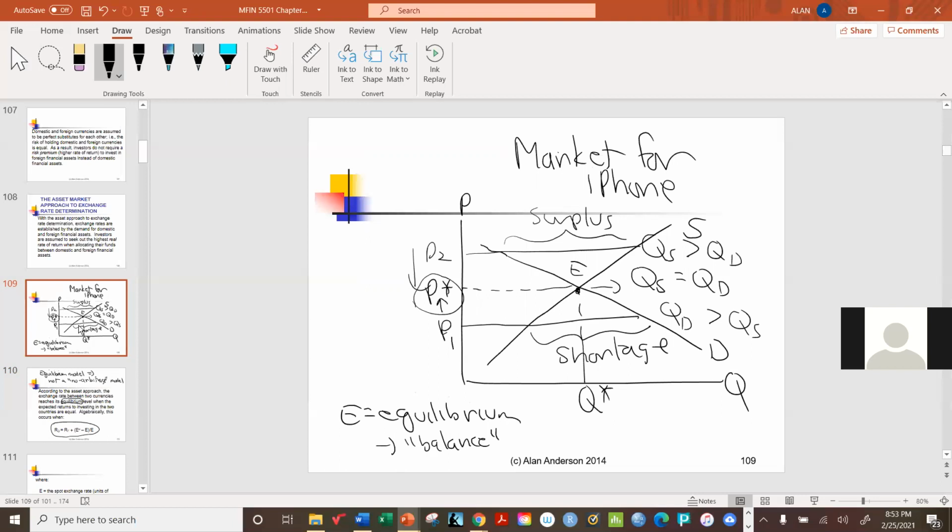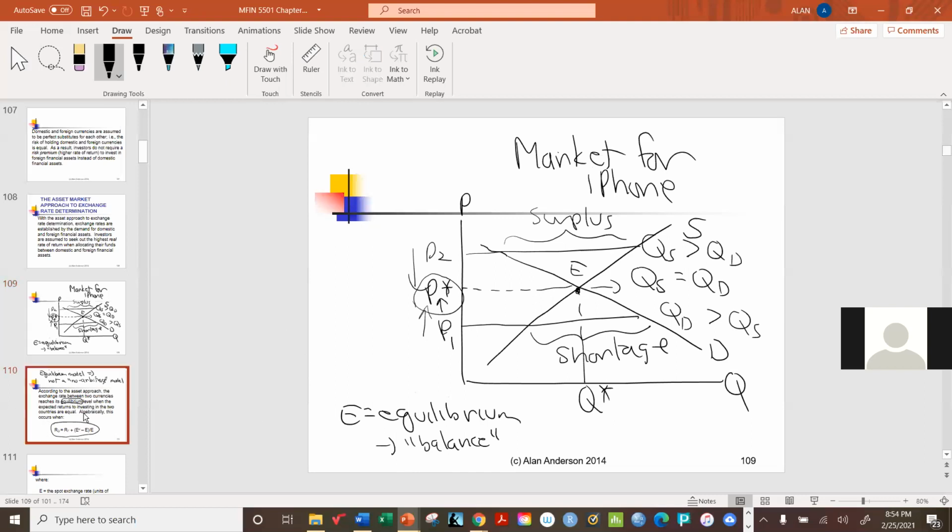So in an equilibrium model, if we're not at equilibrium right now, there's an automatic tendency to move back towards that equilibrium position. And this is no exception. So this is with our traditional supply and demand curves. But in this asset market model, what we're saying is that we're developing an equilibrium relationship between two currencies, which if it does not hold, there's an automatic tendency for variables to adjust until the exchange rate is back at its equilibrium level.